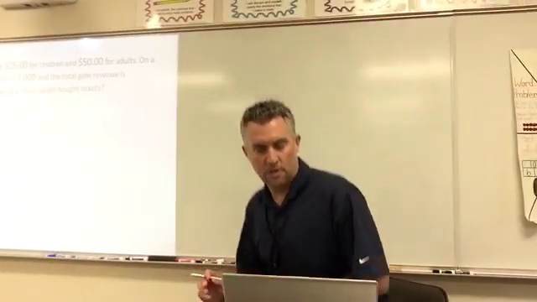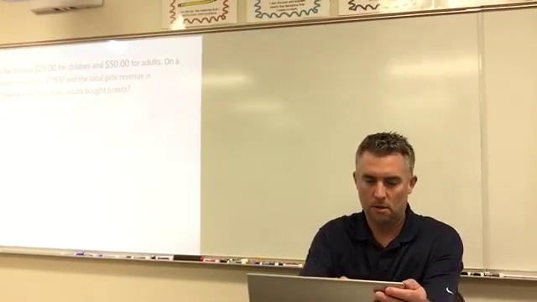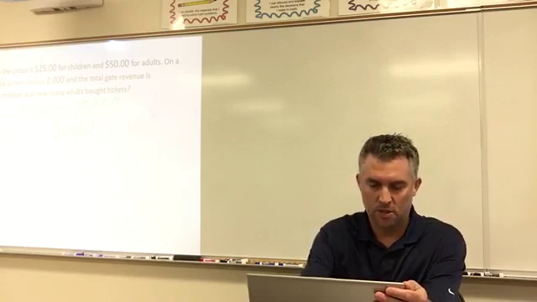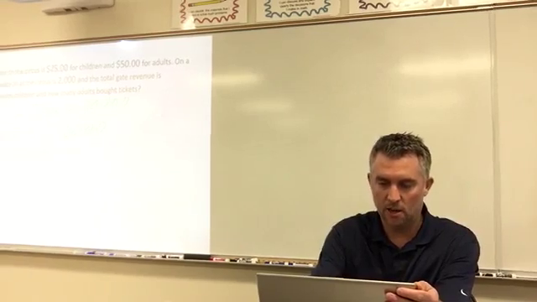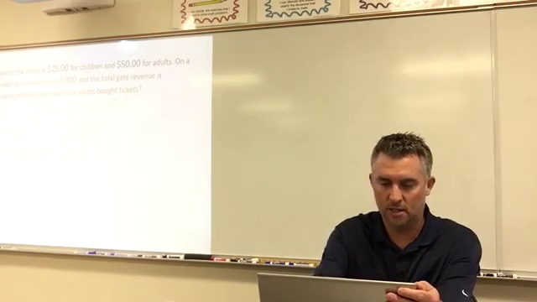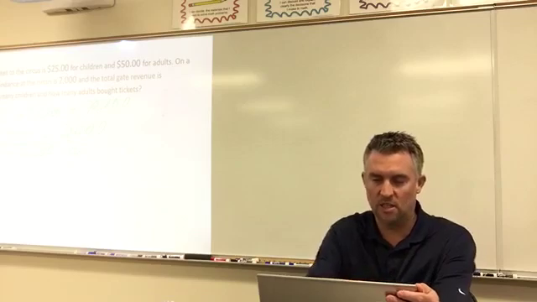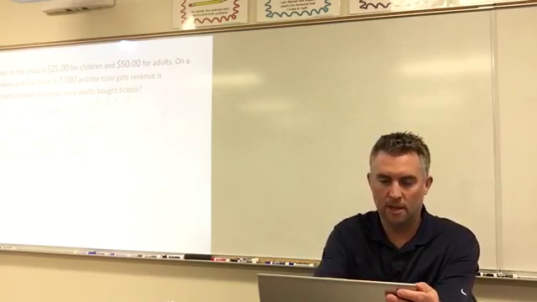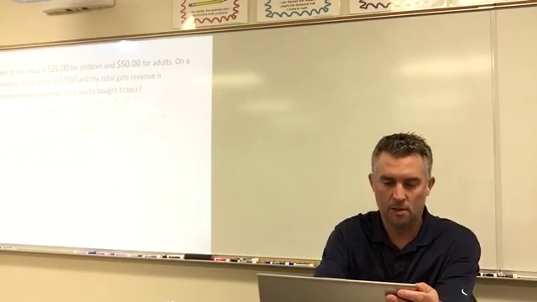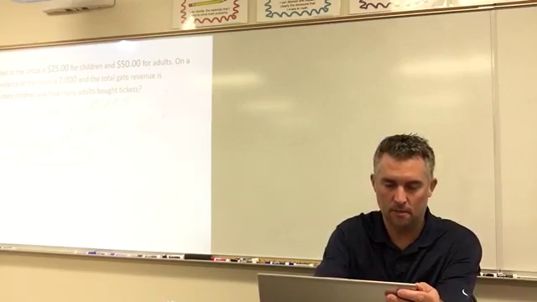If I were to go the substitution route like Will did, let's say I want to solve for C. So C would be equal to 2,000 minus A. All I did is I subtracted A from both sides. So I know that C is equal to 2,000 minus A. Now I'm going to rewrite my first equation, 25, but instead of C, I'm going to write 2,000 minus A, plus 50A equals 70,000.